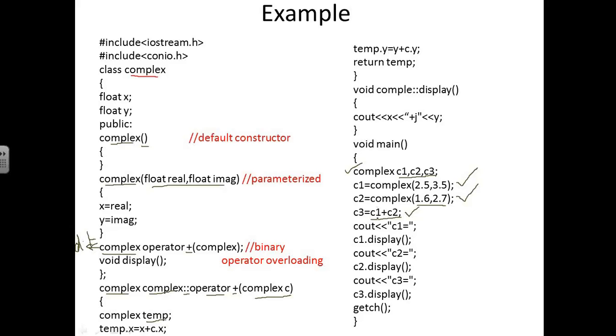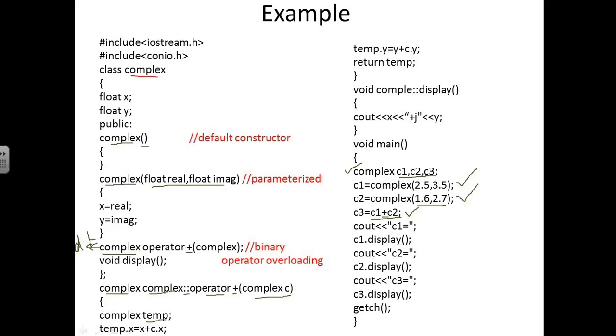Whenever the left-hand operand C1 is read, at that time itself the compiler invokes the operator member function. When it invokes this function, the control automatically comes here. For temp, we have x plus c.x. We already have two values: one x holds the value of C1 and c.x holds the other value. Similarly for the y value, we perform the same.